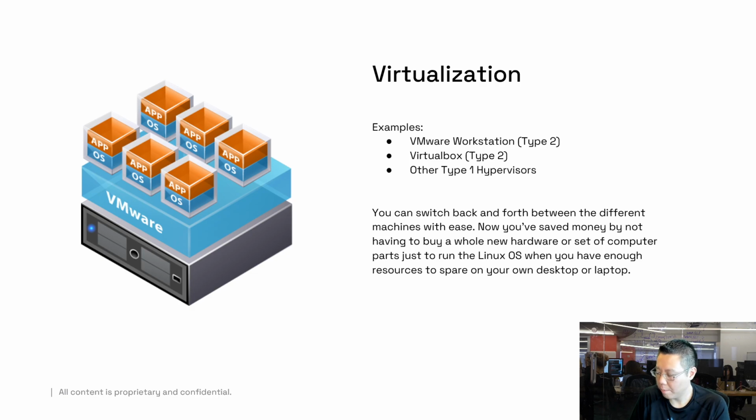So a type 1 hypervisor is a very special piece of software that replaces your OS on bare metal. When we say bare metal, we mean installing it directly onto the system itself.